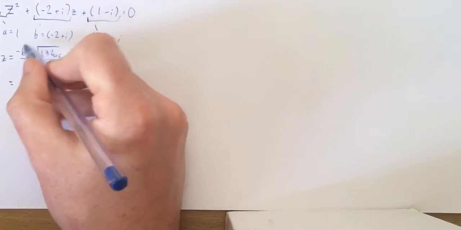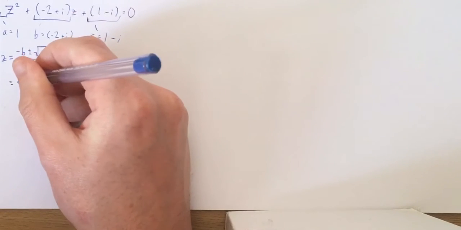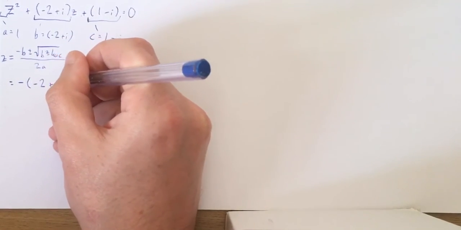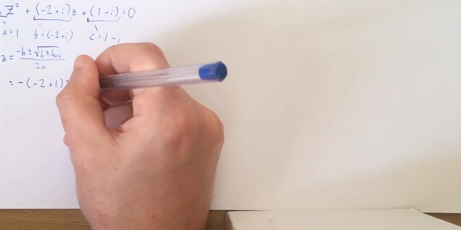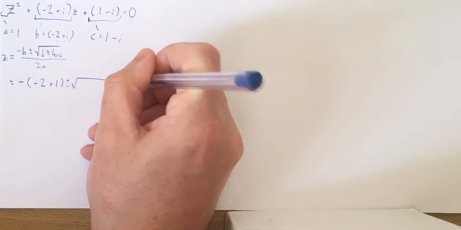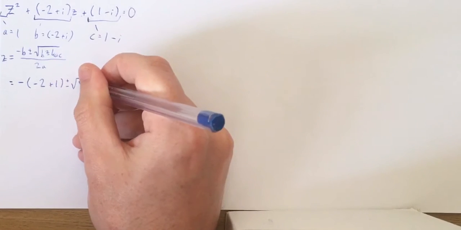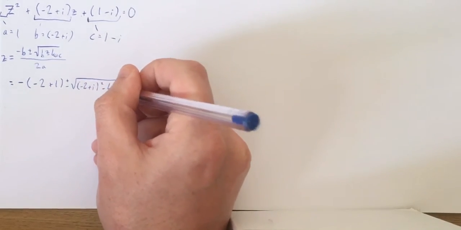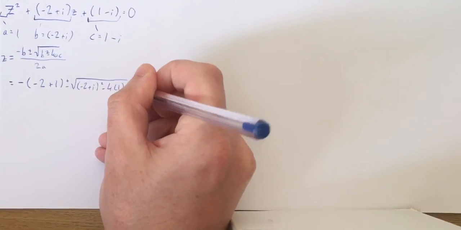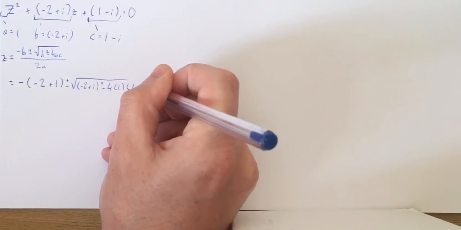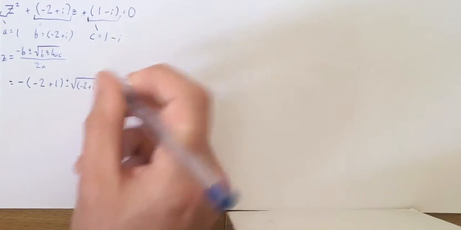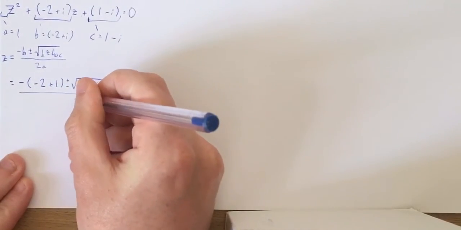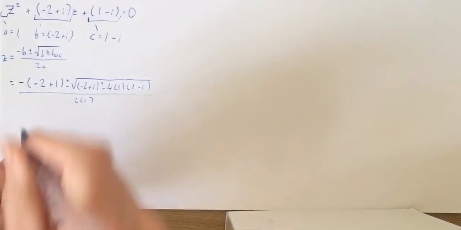So that is equal to minus b, which is minus 2 plus i, plus or minus the square root of b squared, so minus 2 plus i squared, minus 4 times 1 minus i, all over 2a, so all over 2 times 1.